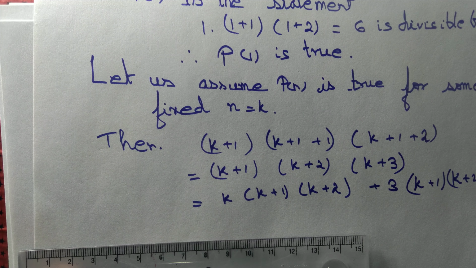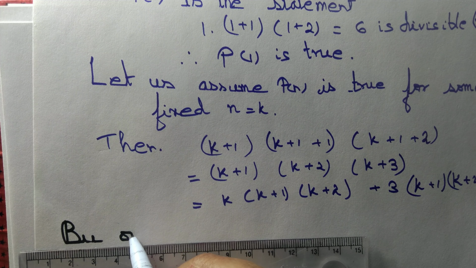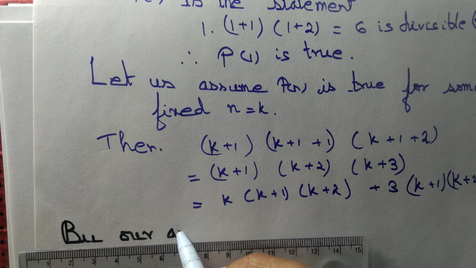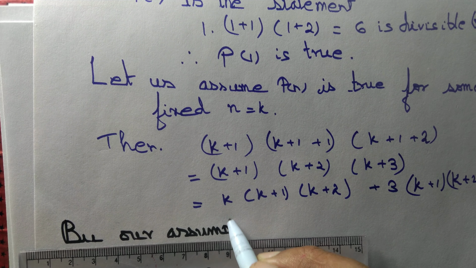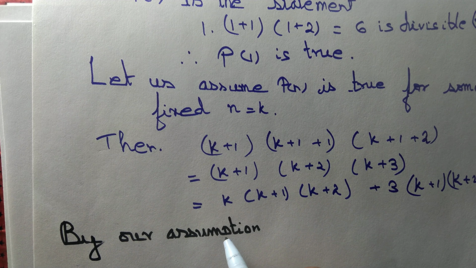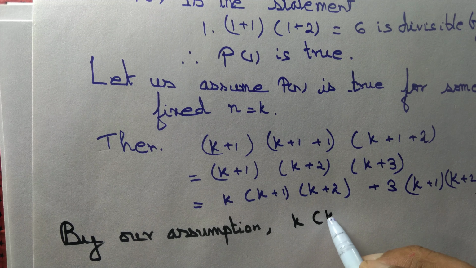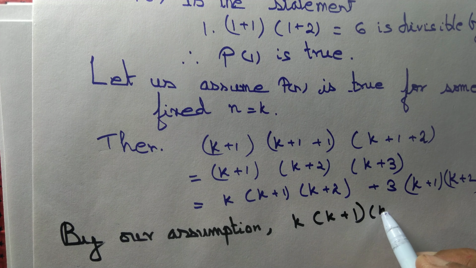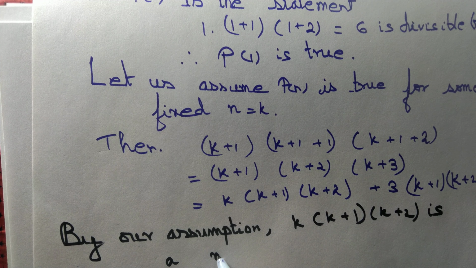As I said earlier, if we want to prove something, we have to assume something. By our assumption, k into k plus 1 into k plus 2 is a multiple of 6.